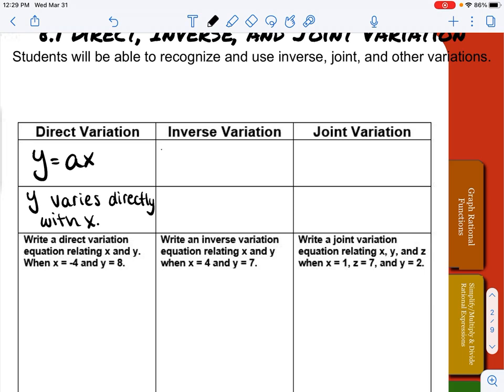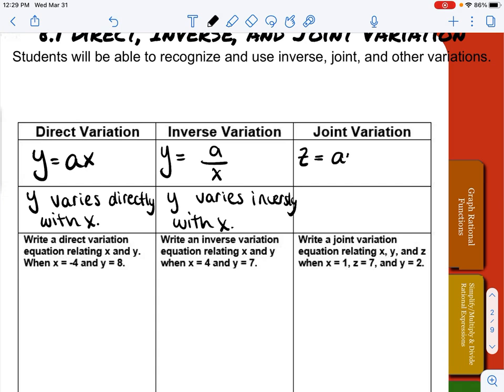Inverse variation is when y equals a divided by x. This is when y varies inversely with x. And then joint variation, we add a z, so we have z equals a times x times y.